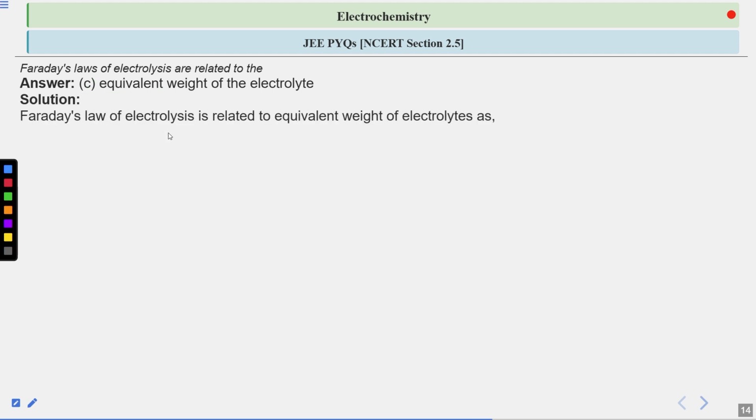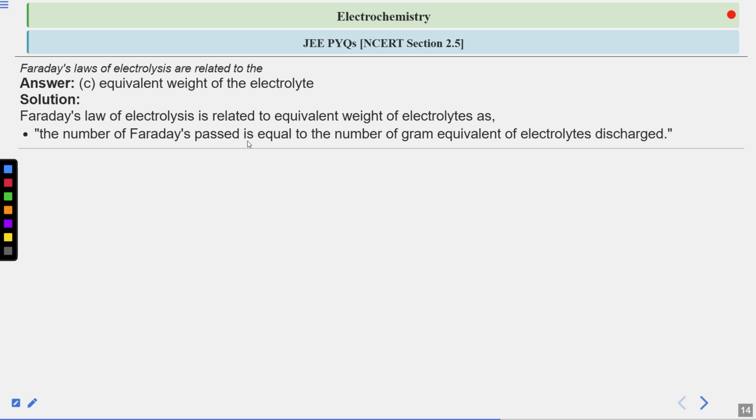So Faraday's laws of electrolysis are related to the equivalent weight of electrolytes, as the number of Faradays passed is equal to the number of gram equivalents of the electrolyte discharged. So Faraday's law says that the number of Faradays, or the amount of charge, passed through a solution is equal to the number of gram equivalents of electrolytes which are discharged.